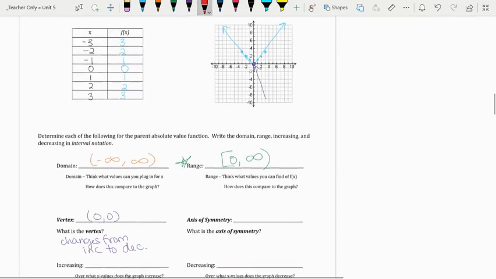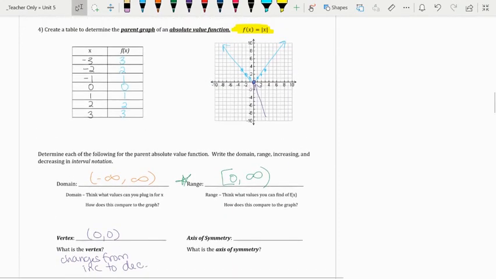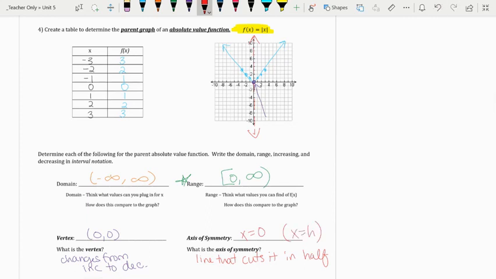And our axis of symmetry is what is the line that cuts it in half. So in this case, the line that cuts it in half is this straight vertical line, which would be x equals 0. This is always going to be x equals h, and you'll see that later.